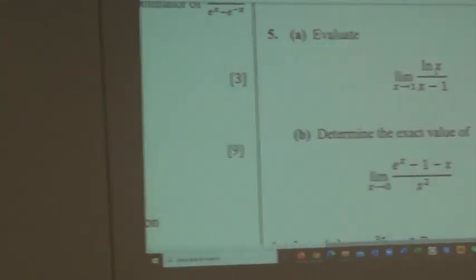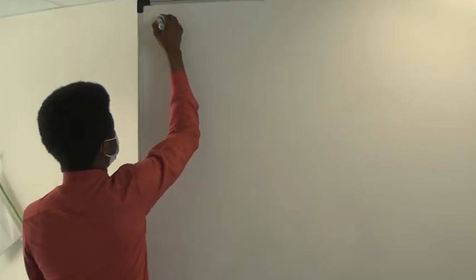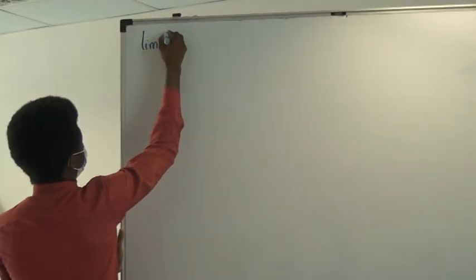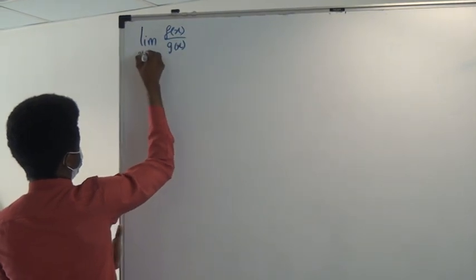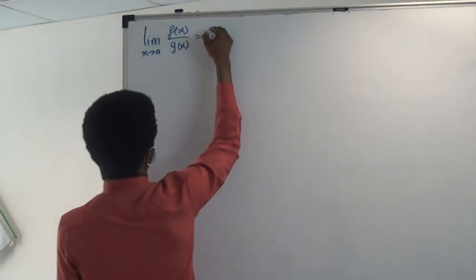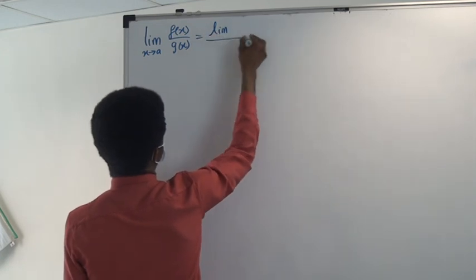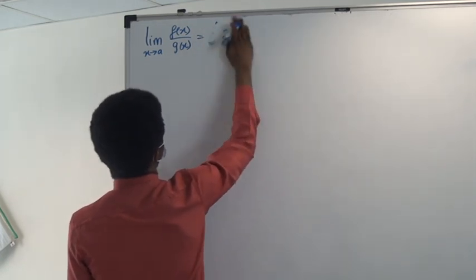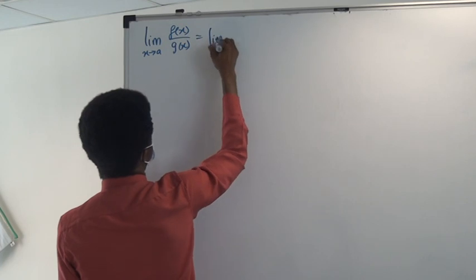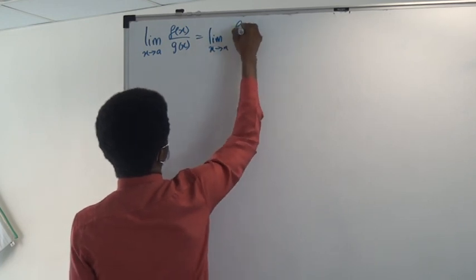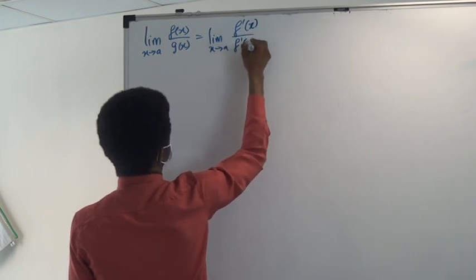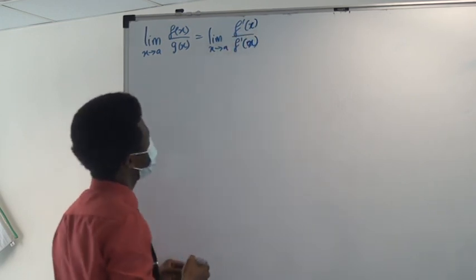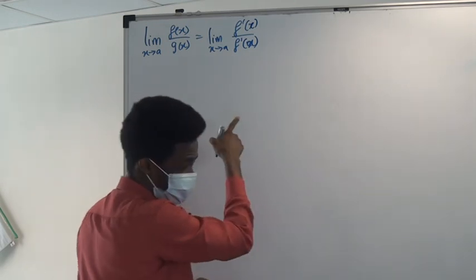L'Hopital's rule says if f and g are differentiable, the limit of this rational function as x tends to a is the same as the limit as x tends to a of that and that, something like that, okay, provided it exists.